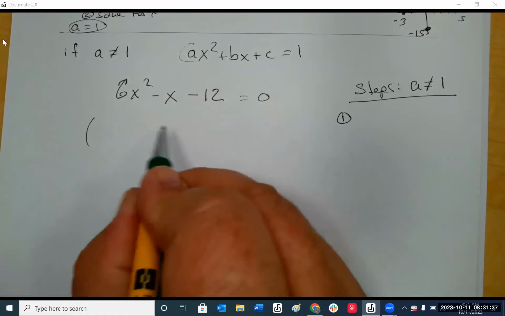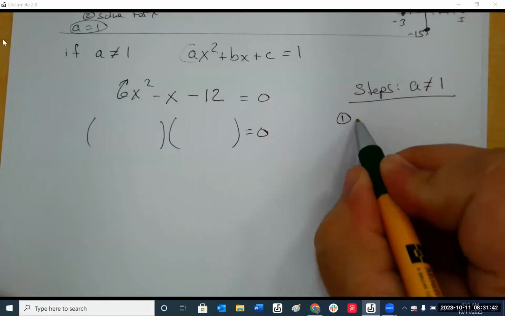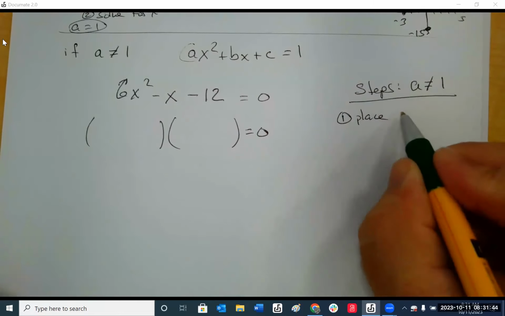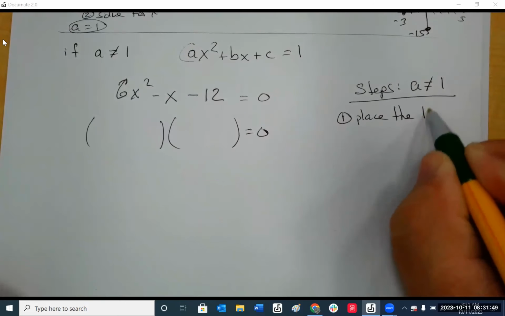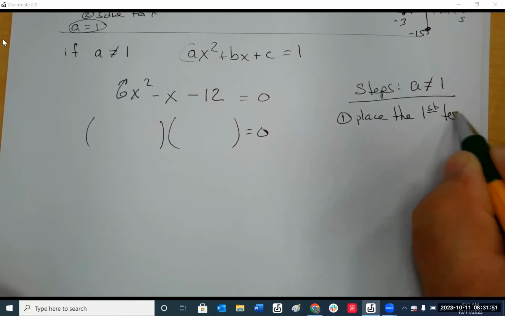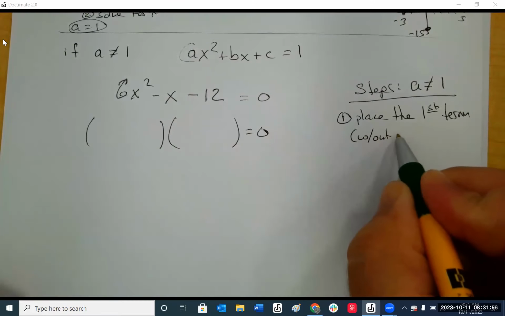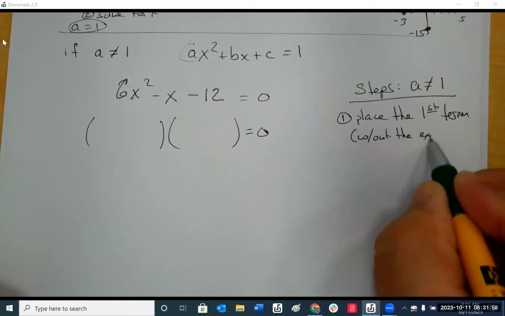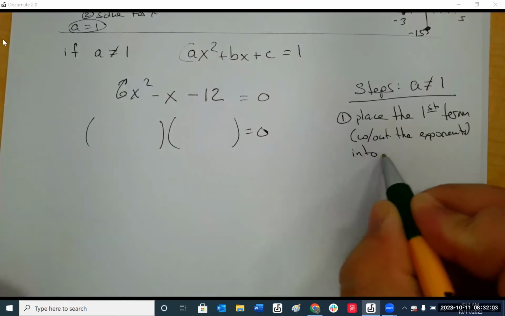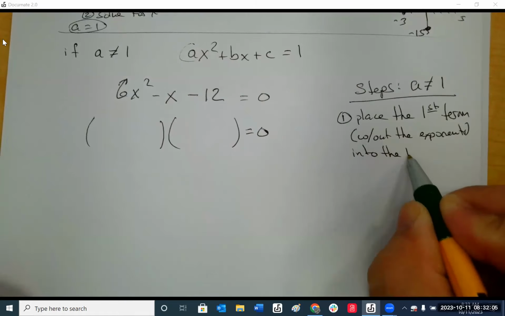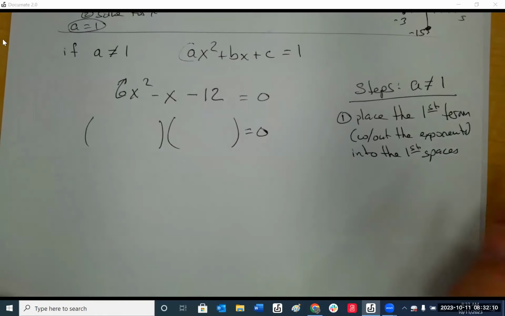First step: place the first term without the exponents into the first spaces in the parentheses.